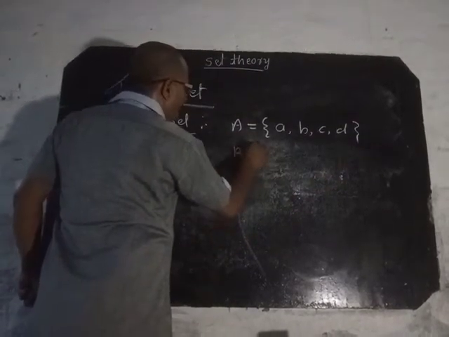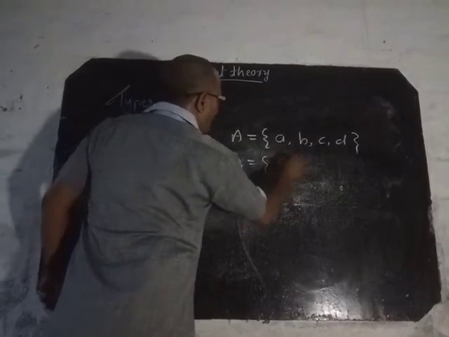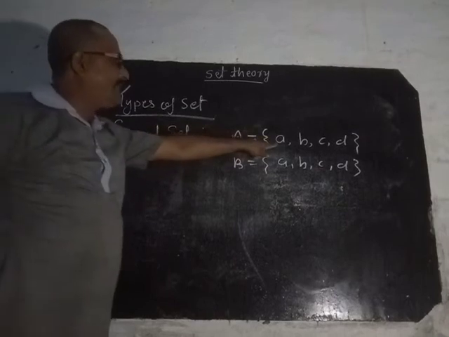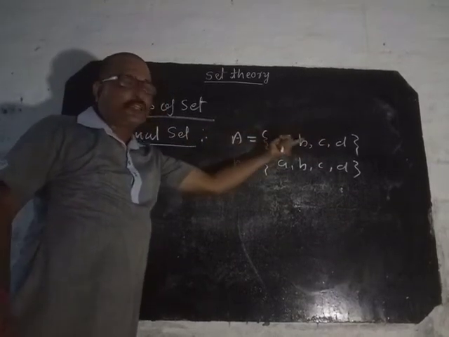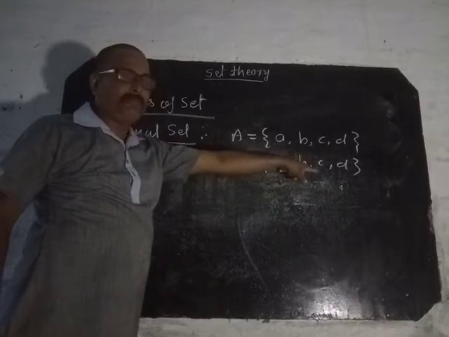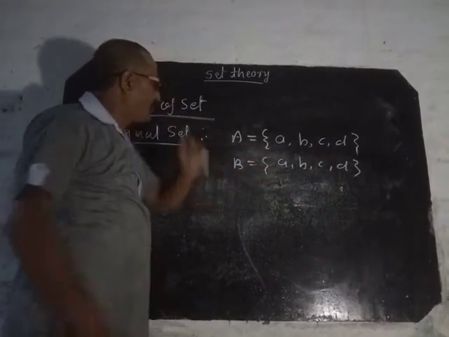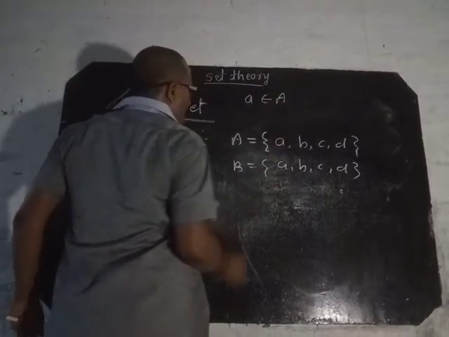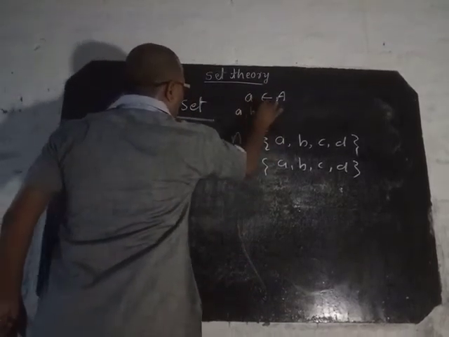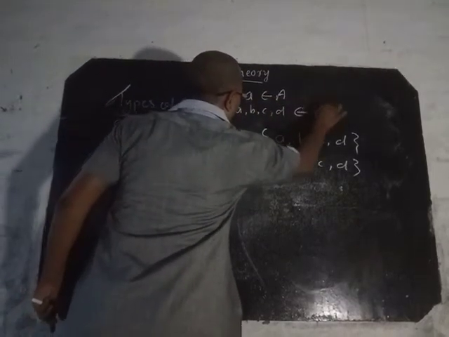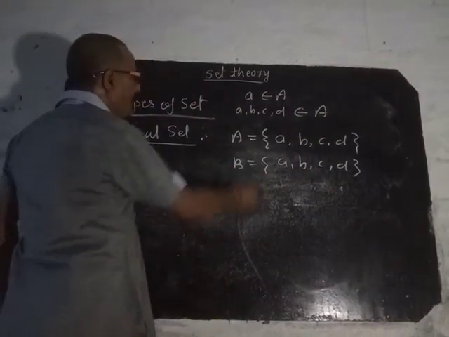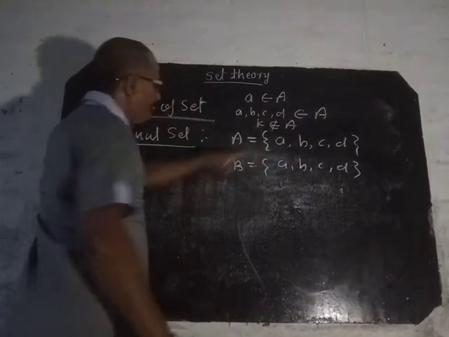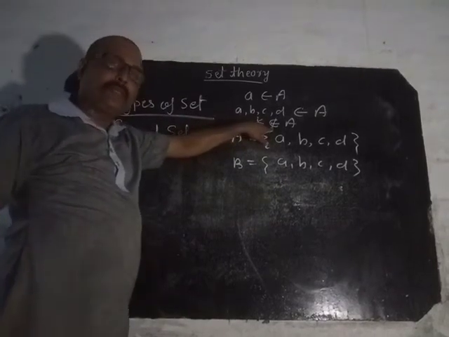And set B also a, b, c, d. All elements of set A are also elements of set B. You know that a belongs to set A. If any element k is not in set A, the symbol means not belong to, not an element of.